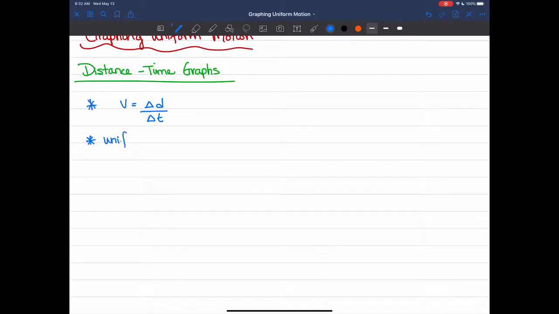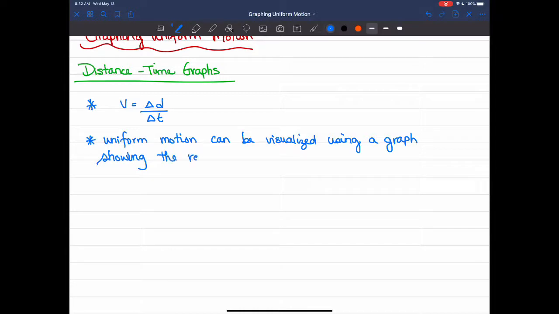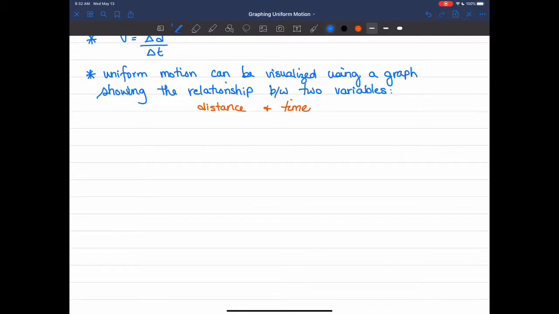So uniform motion can be visualized using a graph showing the relationship between two variables. And obviously those two variables are distance and time.